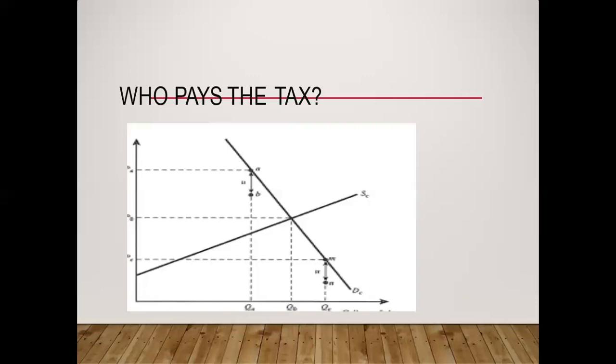Instead, they receive only PA minus U. Actually, this is U, but I'm calling it mu. Okay, this is the actual amount that the producer received.